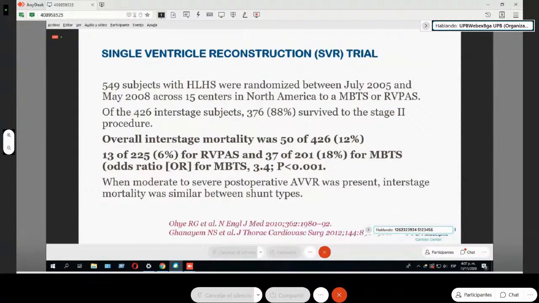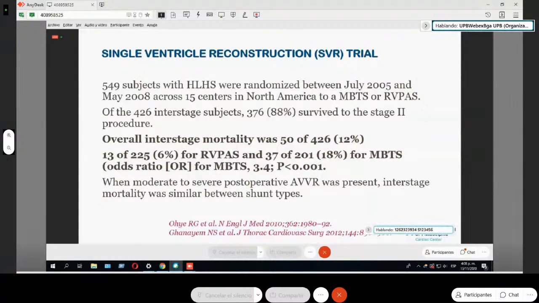Este estudio tuvo 549 pacientes de 15 centros en toda Norteamérica, a quienes se les operó con un shunt BT modificado. De los 426 sujetos en interestadio, 88% sobrevivió al estadio 2, y el beneficio de sobrevida sobre este procedimiento de shunt fue de 6% a 18% para el grupo del BT modificado.